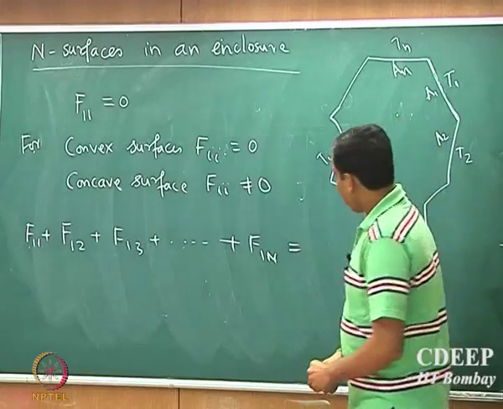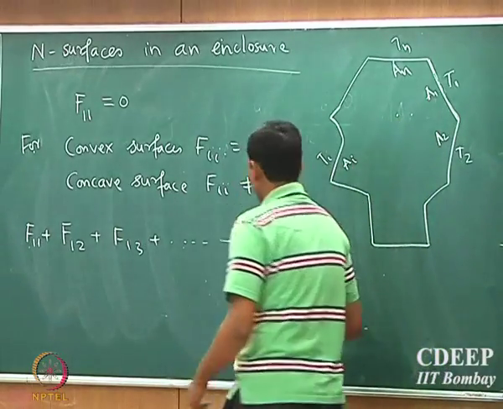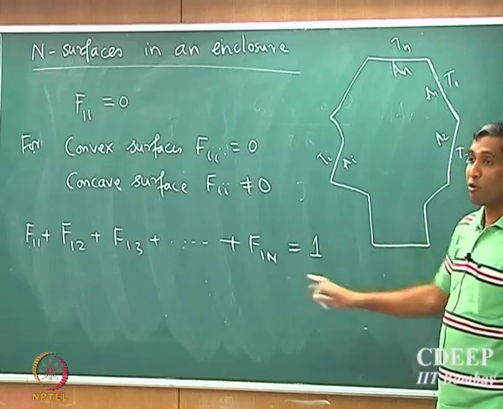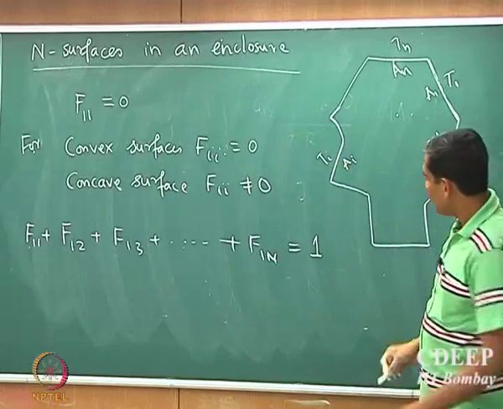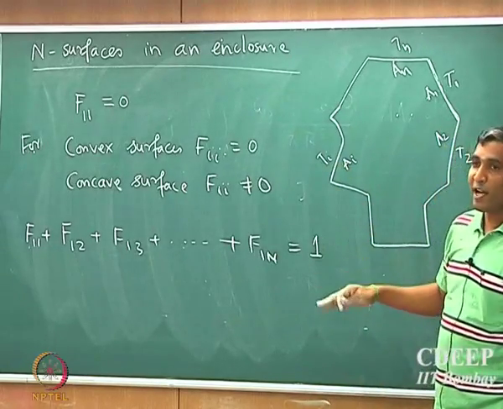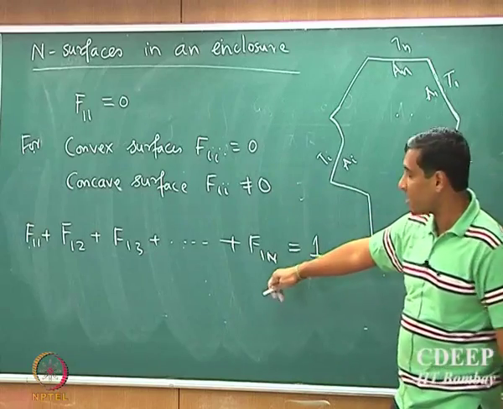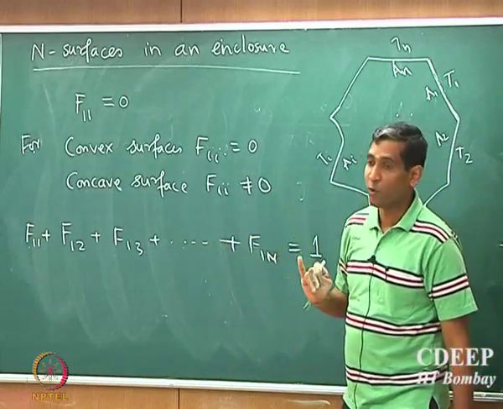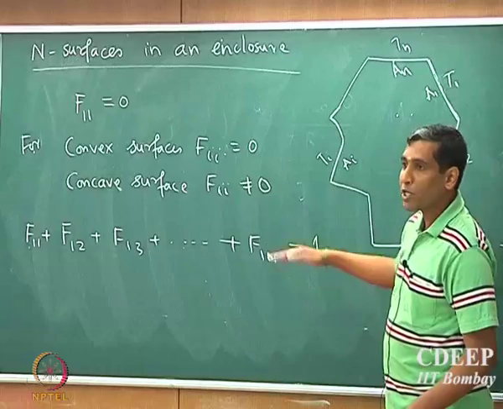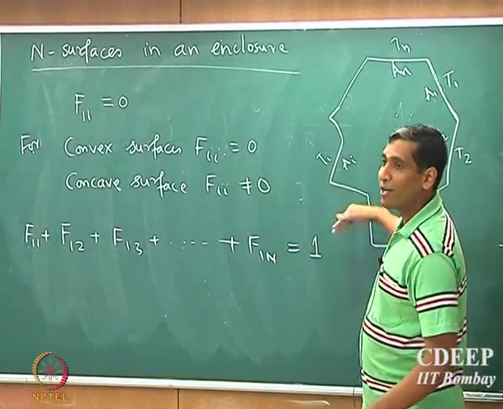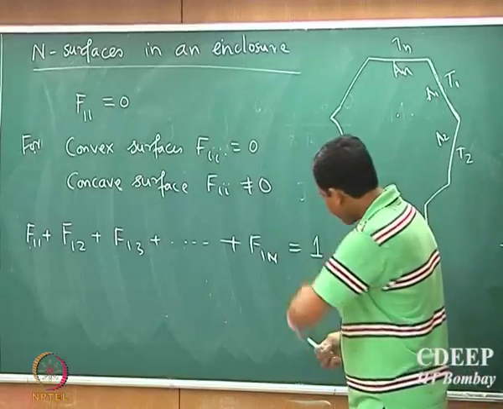So this should be equal to 1, because note that this is valid only for a closed enclosure. If it is not a closed enclosure, then you will have to identify or intuit what the correct view factor summation should be. We will see some example problems where you will get a much clearer picture of what you should do when you have an open enclosure.